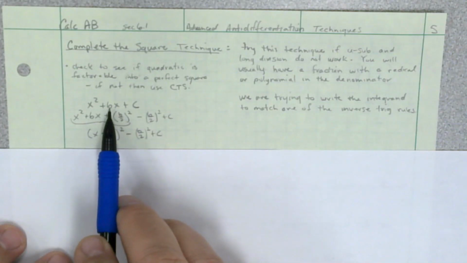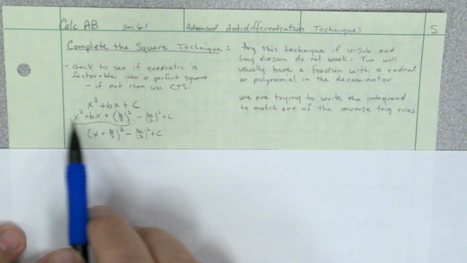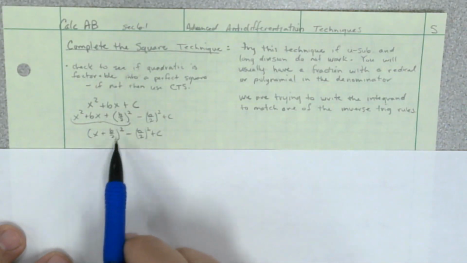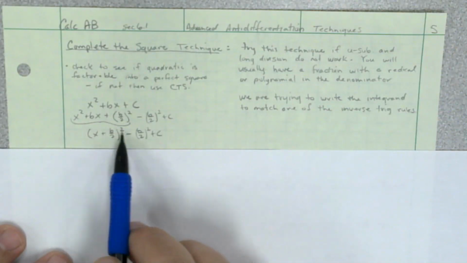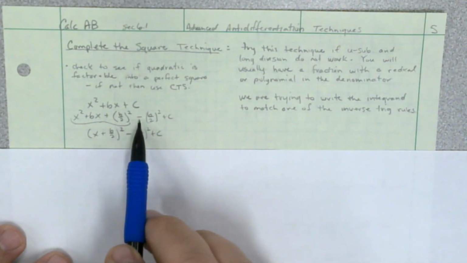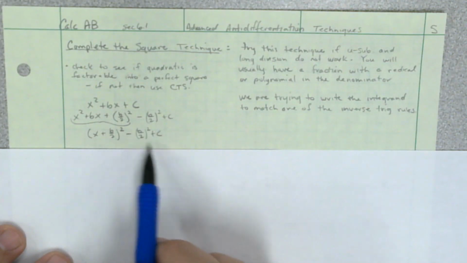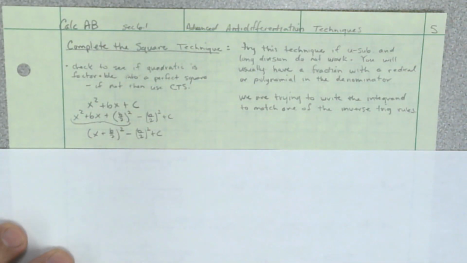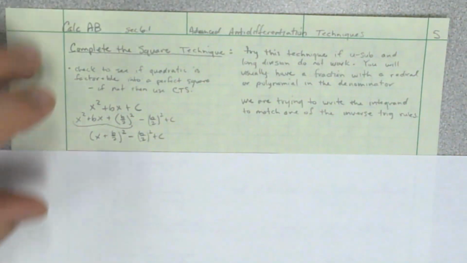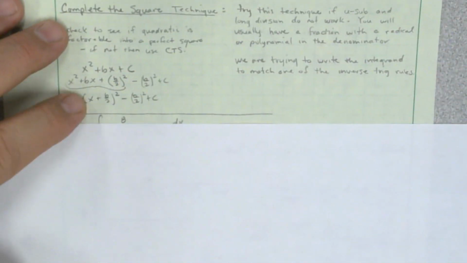You take the middle number with its sign, cut it in half and square it, and if I add that to these x terms here, I'm going to get a perfect squared trinomial, which I can then write as a squared like so. Whatever I add, I must also subtract the same quantity, and so this over here will become a new constant. So this is the complete the square technique. I'm going to walk you through an example on how to go about doing it. Again, I'm just going to show you the answer so that you can see how it's done.